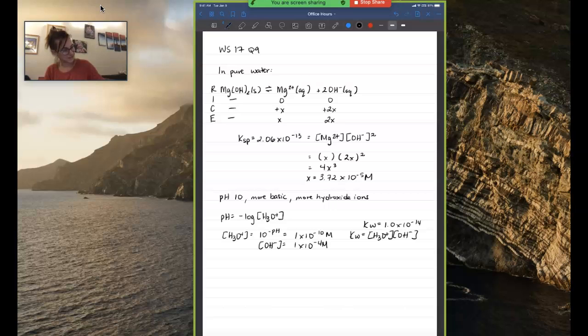molar. And so I come back to my RICE table here. I'm going to include that concentration up at the top.